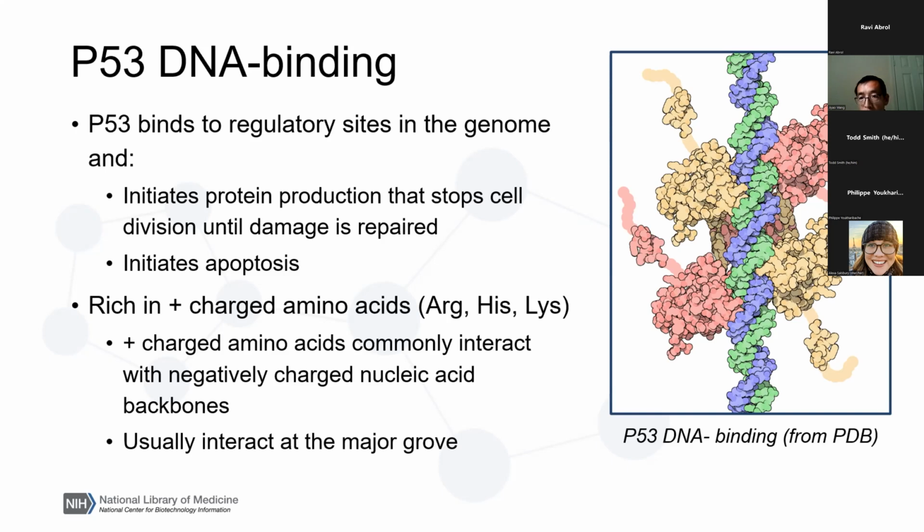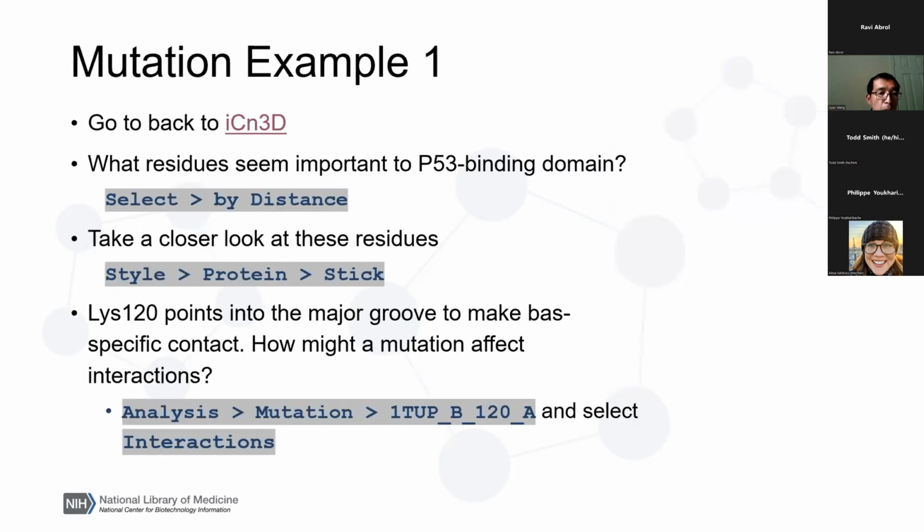The protein is rich in positively charged amino acids like arginine, histidine, and lysine. In terms of protein DNA interactions, positively charged amino acids commonly interact with the negatively charged backbone of nucleic acids, as well as within the major groove of the helix or in areas that are more solvent exposed. Those are just some things to keep in mind when we do this exercise.